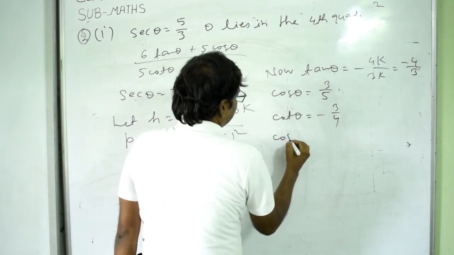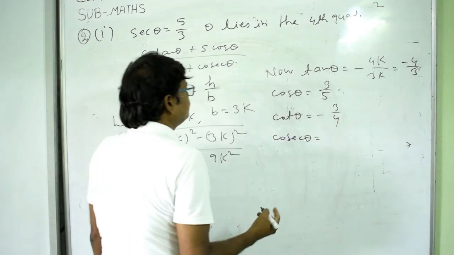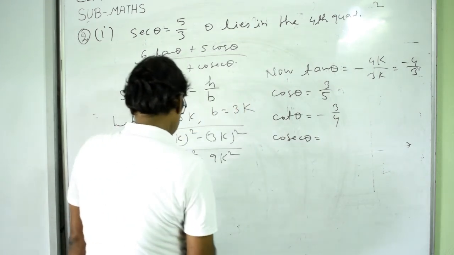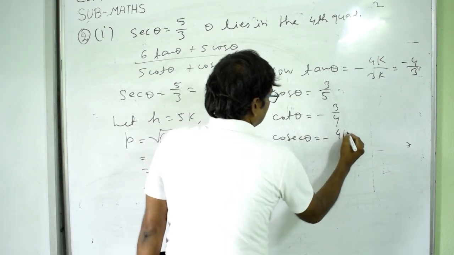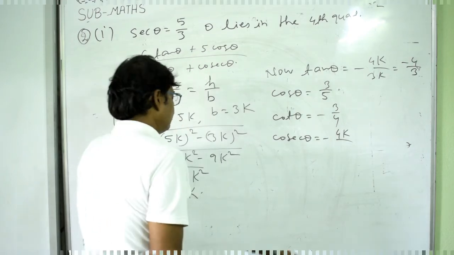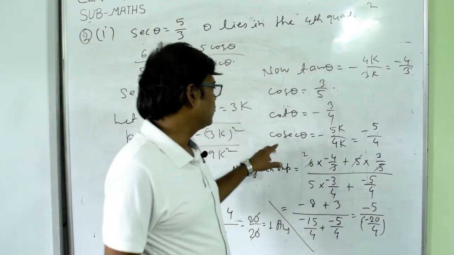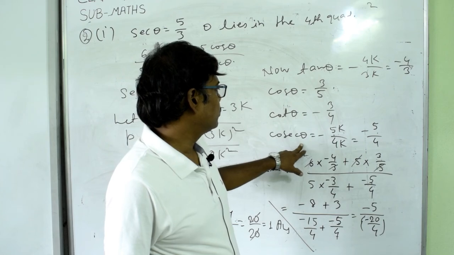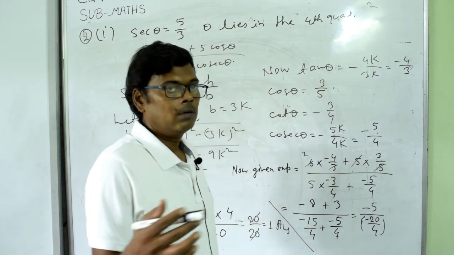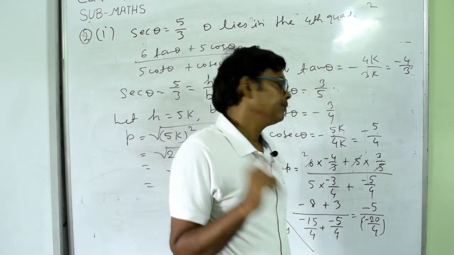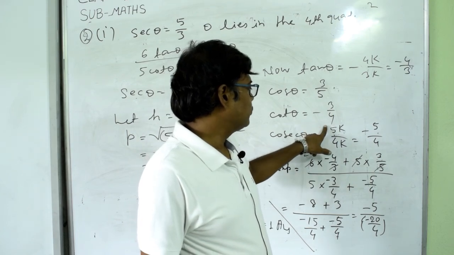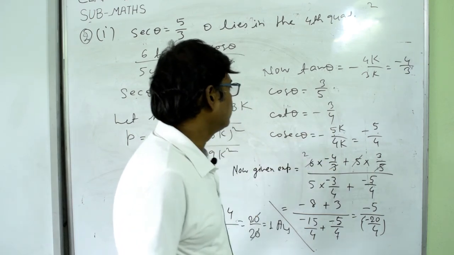And then cosec theta. Cosec theta is hypotenuse by perpendicular, so it will be 5k by 4k.